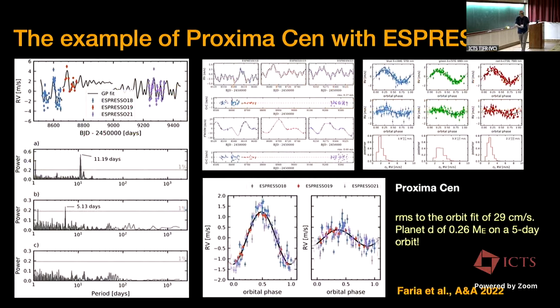And just before starting, to show where we stand with two very simple examples, here is the radial velocity curve, phase folded, for the two planets of Proxima Centauri b. I show these because the scatter and the amplitude is of the order of 20-25 centimeters per second.